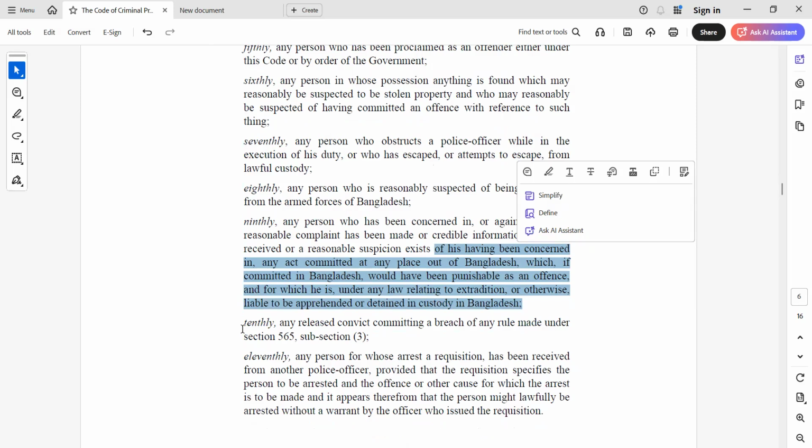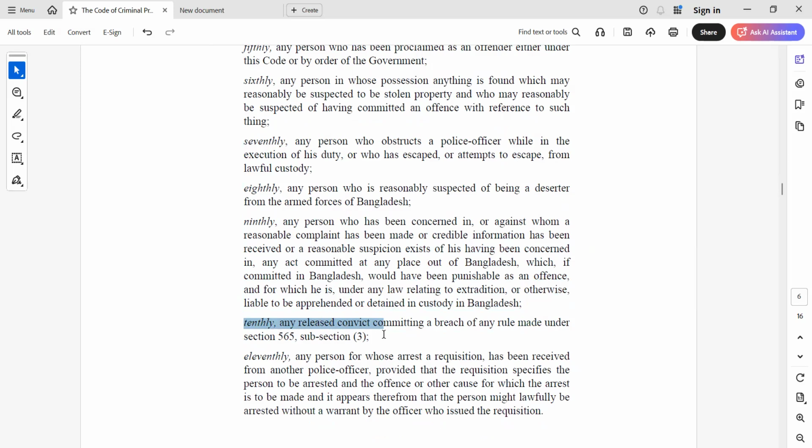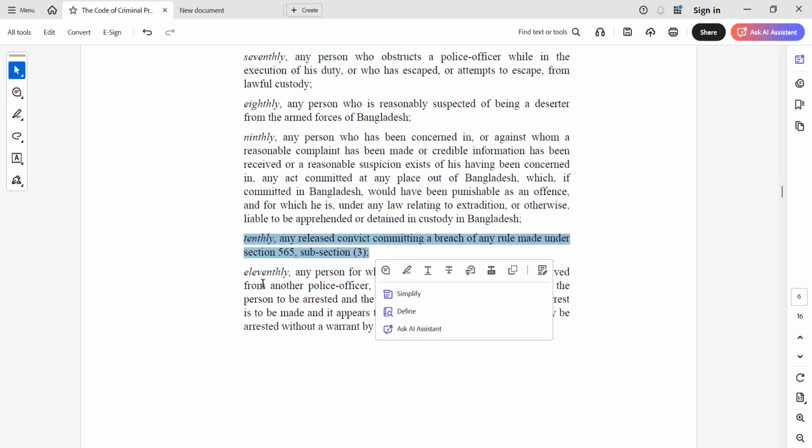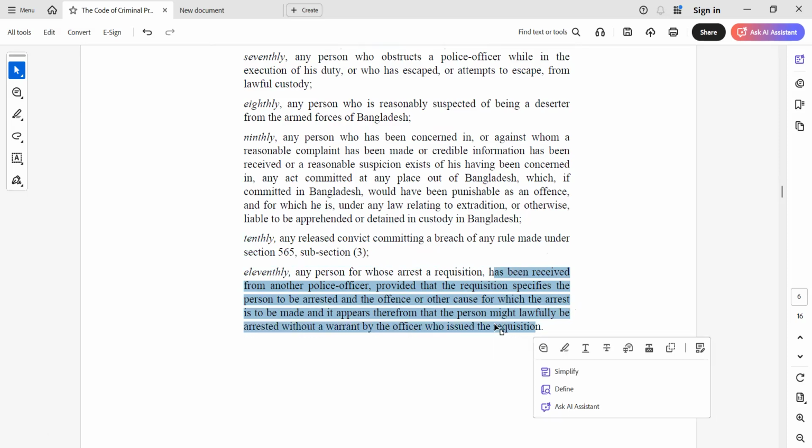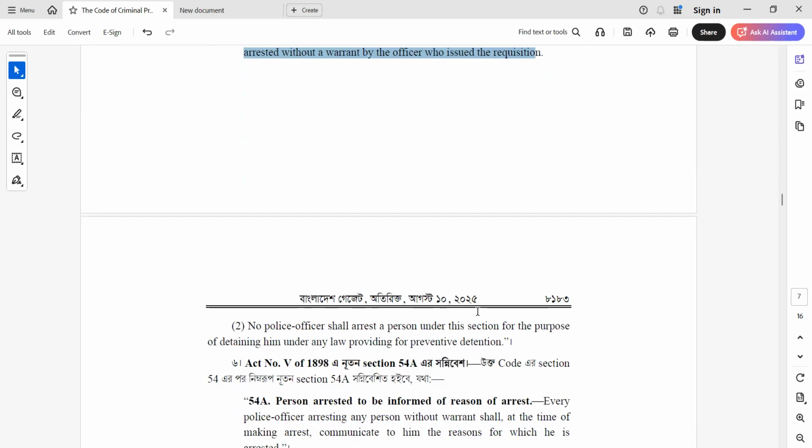Tenthly, any released convict who commits a breach of any rule made under section 565, subsection 3. 11thly, any person for whose arrest a requisition has been received from another police officer, provided that the requisition specifies the person to be arrested and the offense or other cause for which the arrest is to be made, and it appears therefrom that the person might lawfully be arrested without a warrant by the officer who issued the requisition.